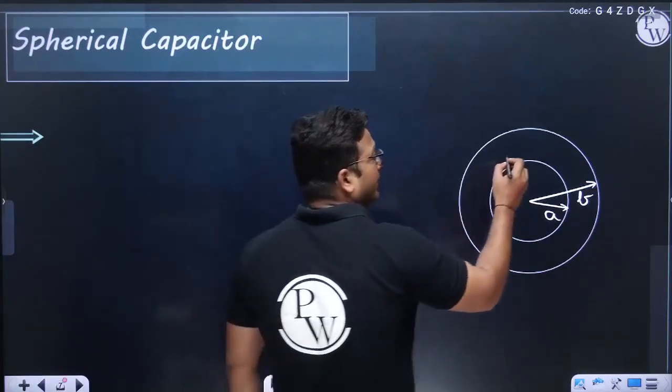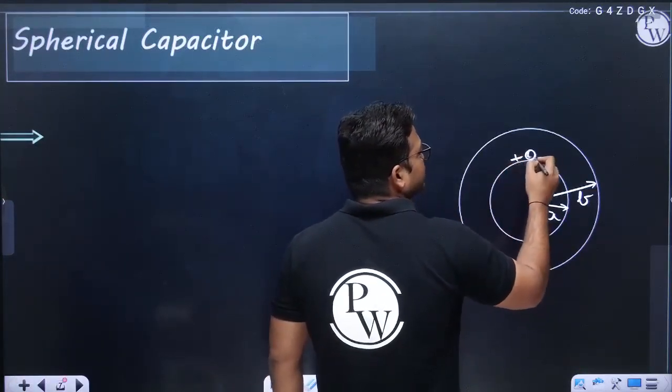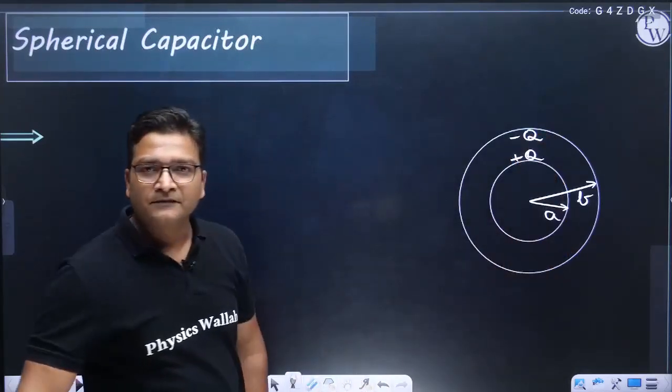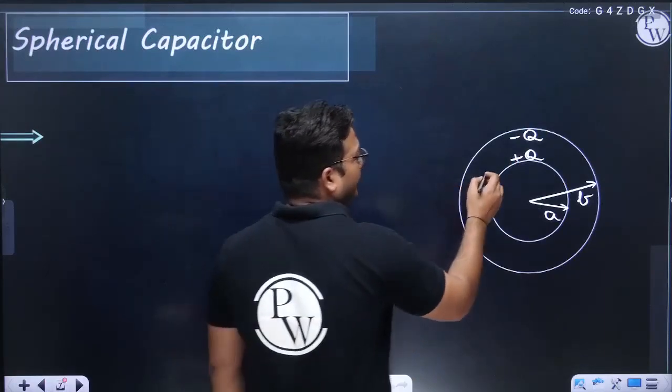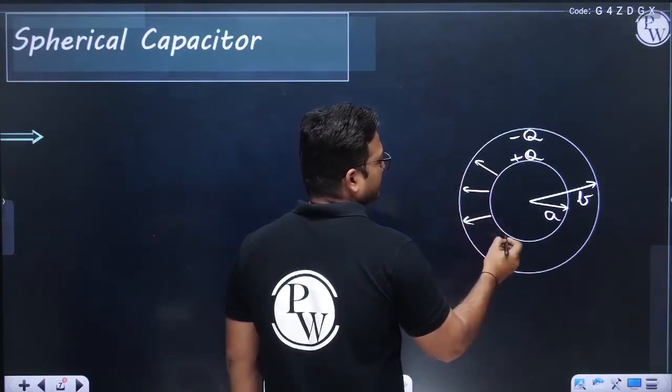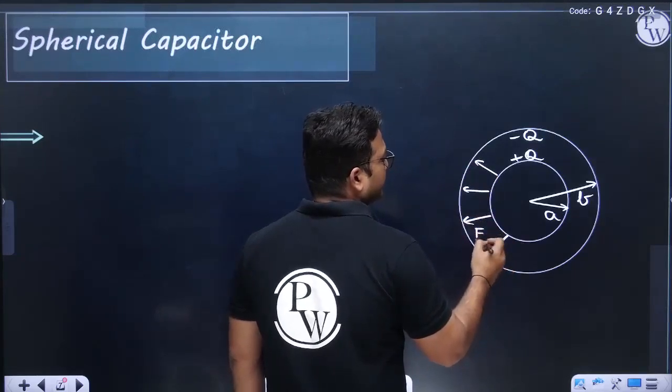If I give one plus Q charge and the other minus Q charge, there will exist some electric field in the region between the shells.